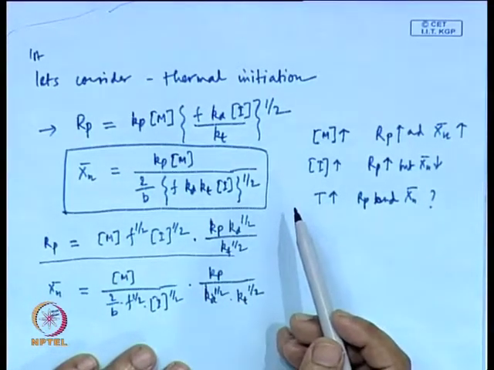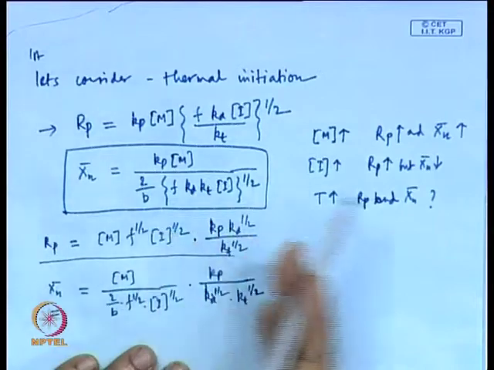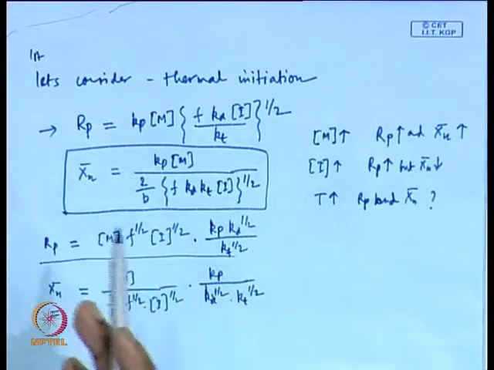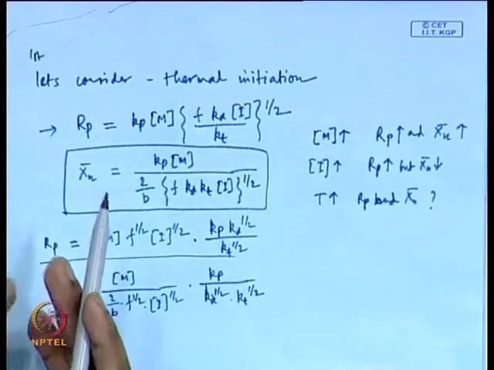So the molecular weight distribution, if you consider the entire reaction, is very complicated, because at any instantaneous time the molecular weight is different. The molecular weight at the beginning of the reaction is quite different from the molecular weight of the polymers at the end of the reaction.